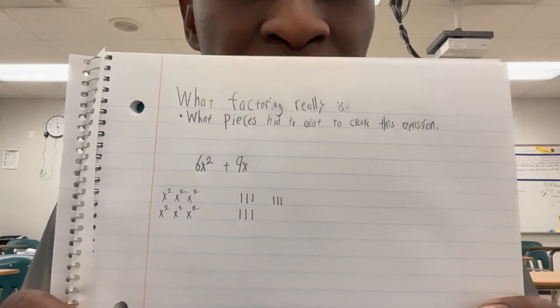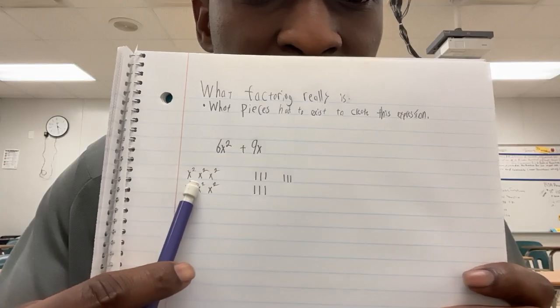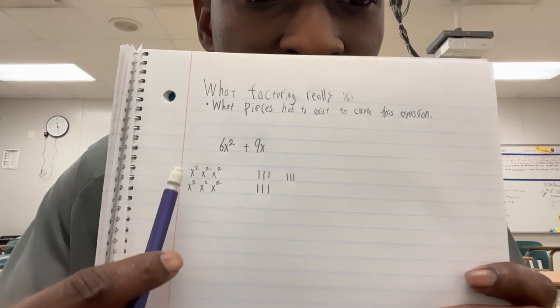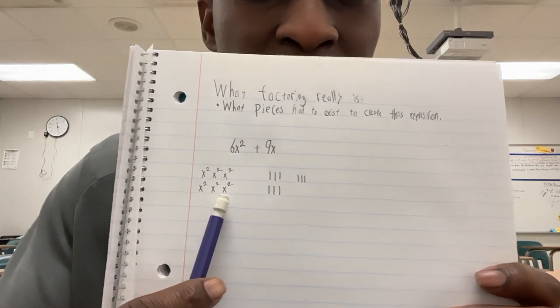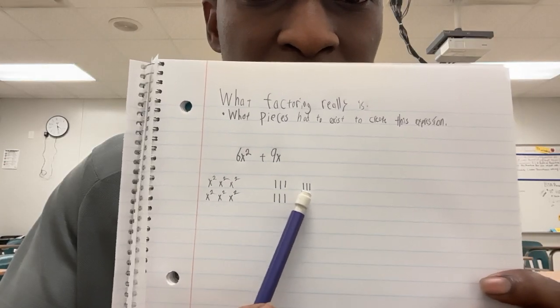X squared, x squared, x squared, x squared, x squared, x squared. So here we go. We got a lineup of 6 total x squareds, in groups of three.